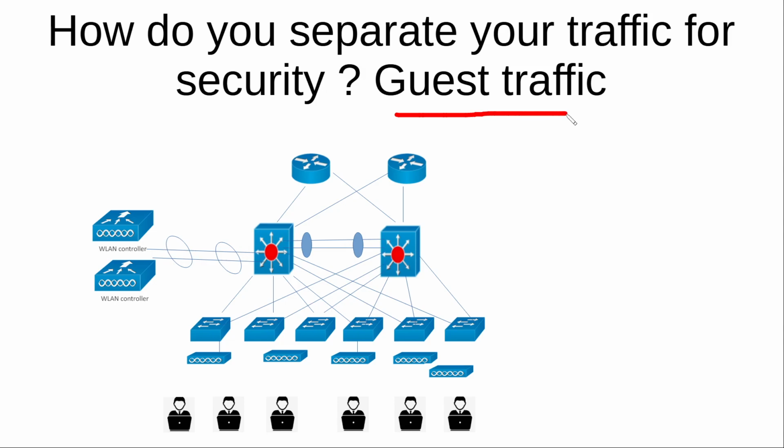Remember that you can create a guest access for users that do not belong to your company in order to provide them access to the internet through your enterprise network.